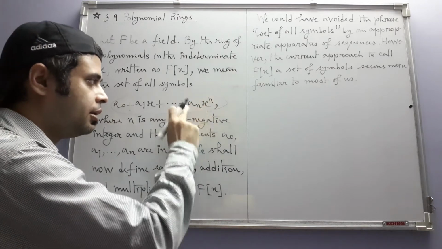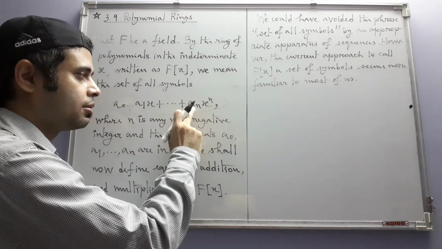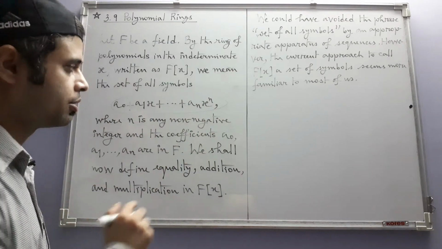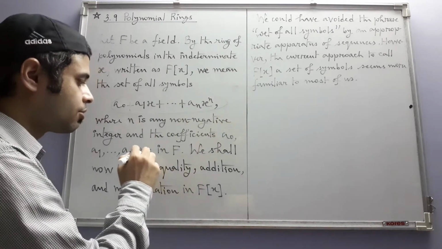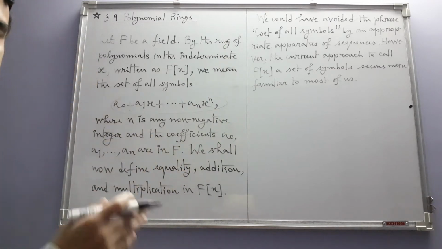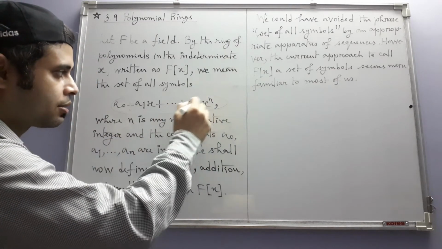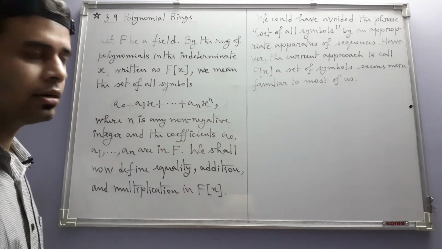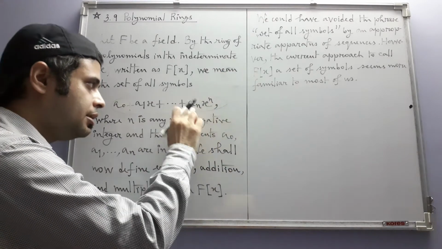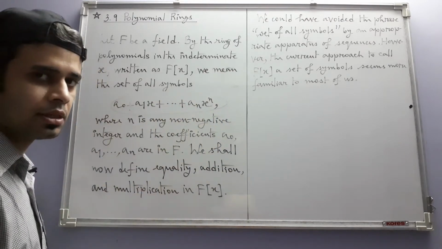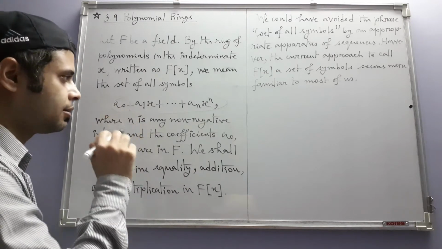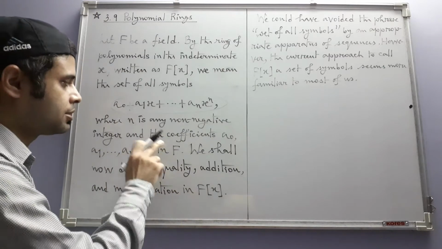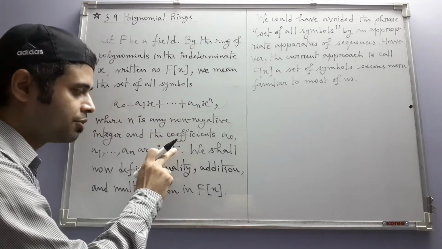And for example, here it seems like we have the product of an and x to the power n, but it's not an ordinary product, because x to the power n is not an element in F, so that you can think of it as the product of these two elements in the field. X to the power n is not an element in the field, it's just a symbol, and these are all components of that symbol. The only things that are known to us, coming from something already known, are the coefficients, which are coming from a field.